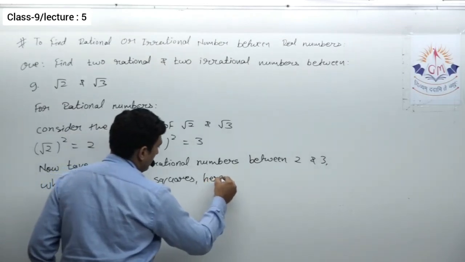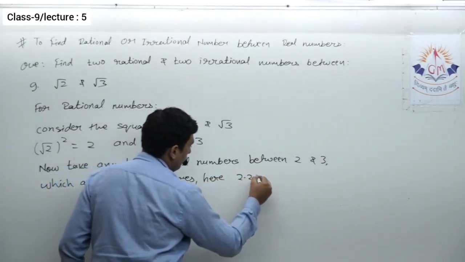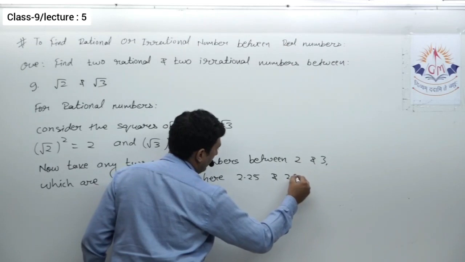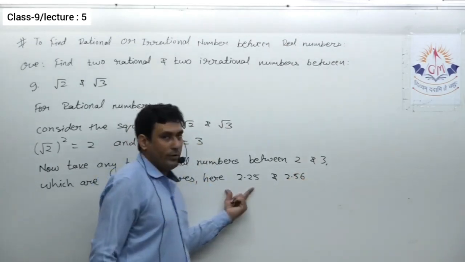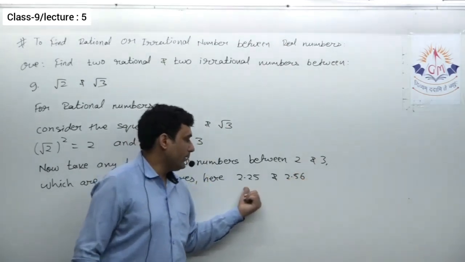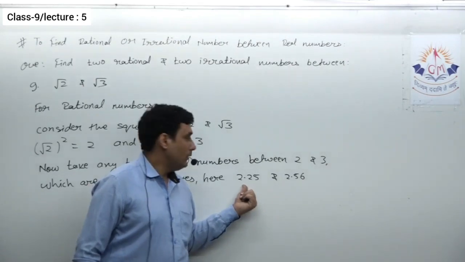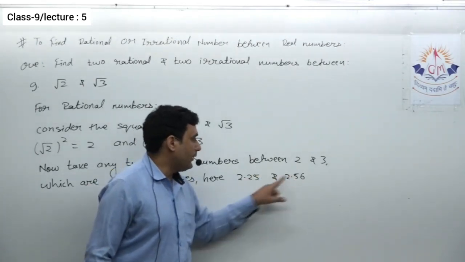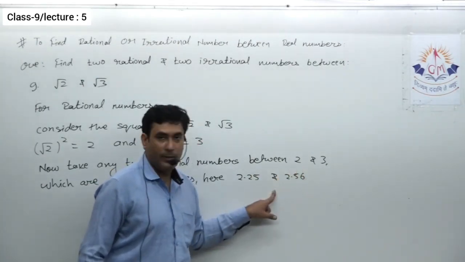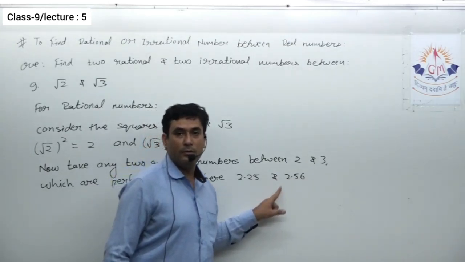Here 2.25 and 2.56. 225 without decimal, 256. This is a perfect square, this is also a perfect square, and both are lying between 2 and 3.